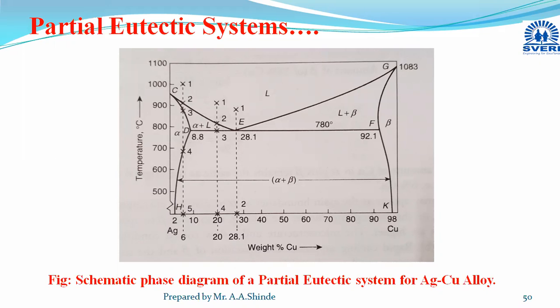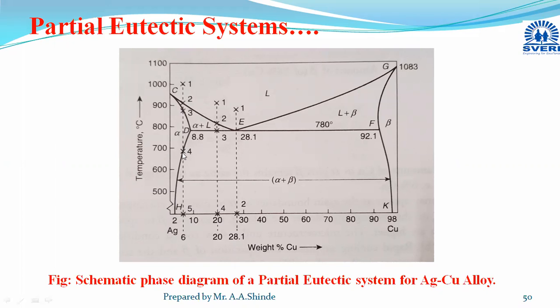And when temperature reaches point 3, whichever amount of liquid is there will get transformed to alpha solid solution. And in this region 3 to 4, only alpha phase will be there.